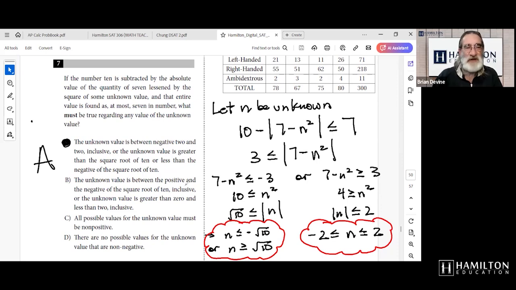Look at the other ones: the unknown is between the positive and negative? No, that's not true. All possible values for the unknown must be non-positive? No, some could be negative. There are no... well, no, we found some. So these can be tossed out. And again, A is verified as the correct answer, the one that must be true.